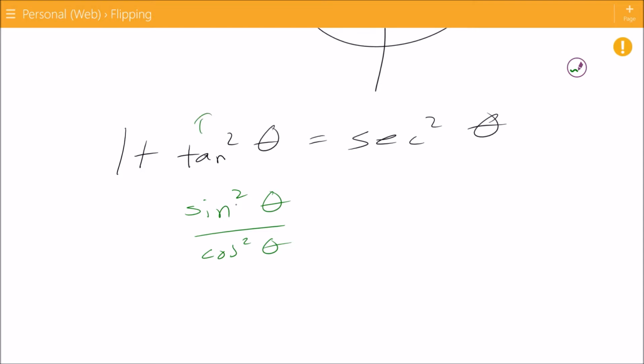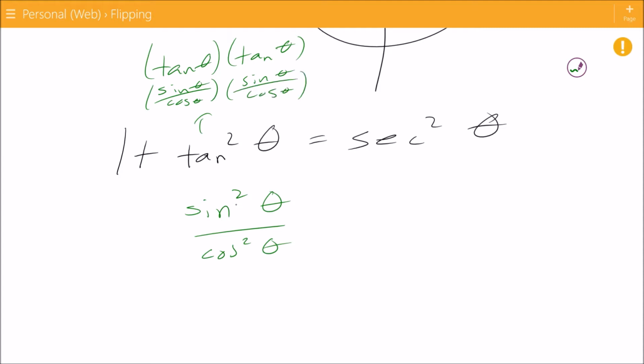Really what you've got here is tangent of theta times tangent of theta. And that is sine of theta over cosine of theta times sine of theta over cosine of theta. And if you multiply across, that will give you sine squared of theta over cosine squared theta.